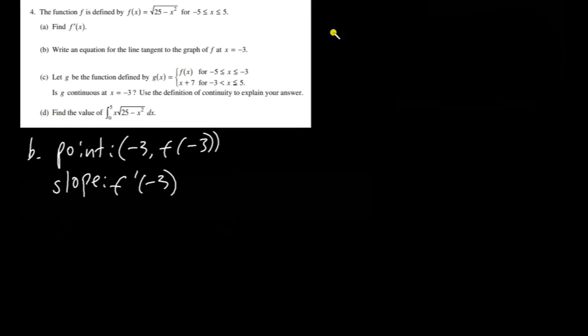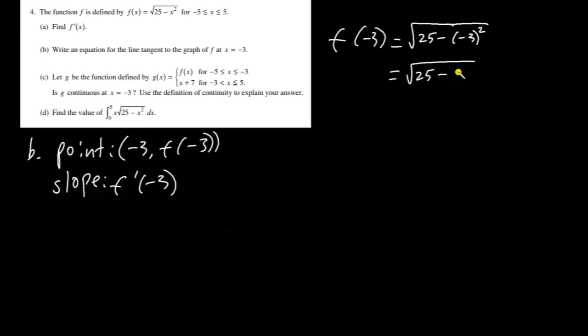For f of negative 3, we plug in negative 3 for x, with the square root of 25 minus negative 3 squared, which is 25 minus 9, so it's 16, and the square root of 16 is 4. So f of negative 3 equals 4, so this point is negative 3, comma 4.